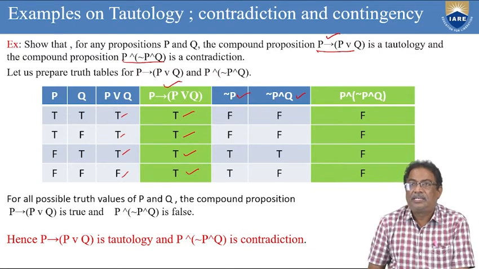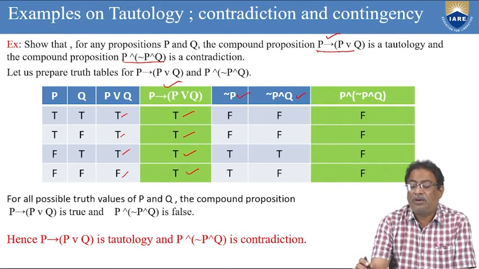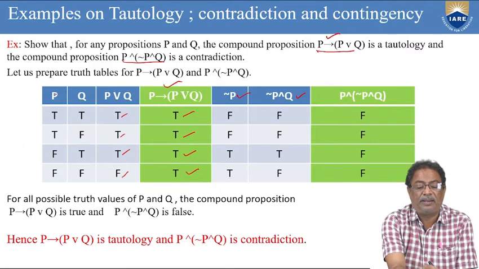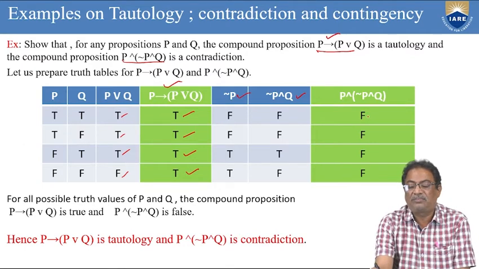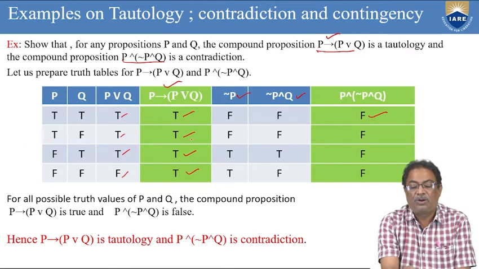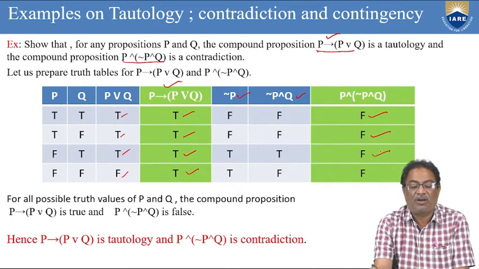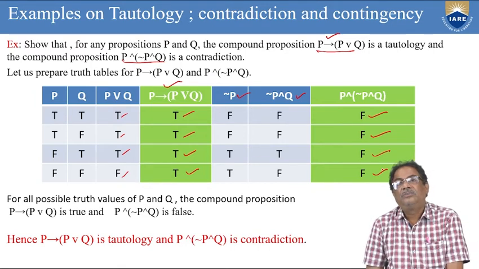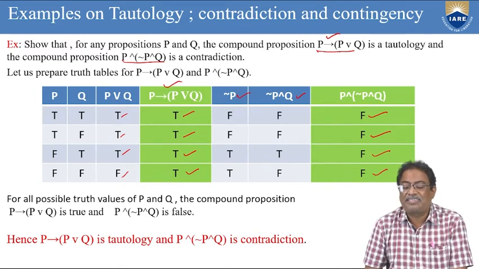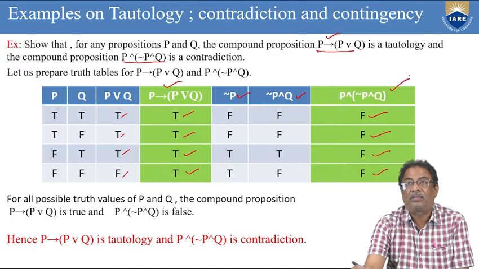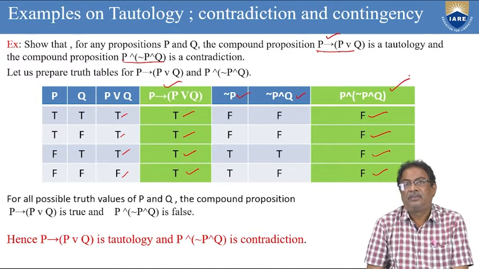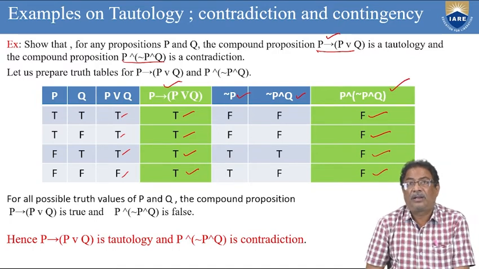Then the whole thing becomes: true and false, it will become false. True and false, false. False and true, false. False, false. So all are false. So I can say that this is a contradiction, whereas the other is a tautology.